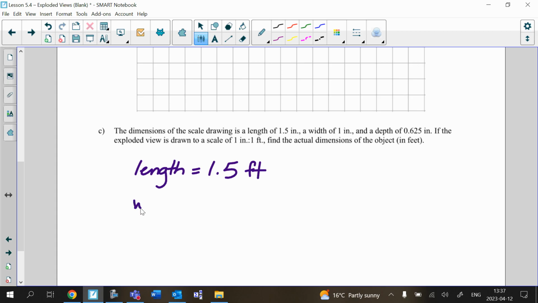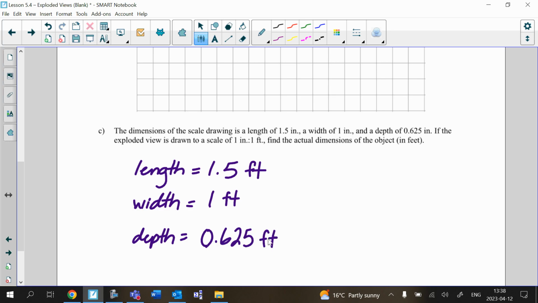And the depth, well, if it's 0.625 inches in the scale, it's 0.625 feet in the actual. So that was pretty straightforward. With 1:1, you just write the same numbers, you just change the units. So that's a pretty basic figure.